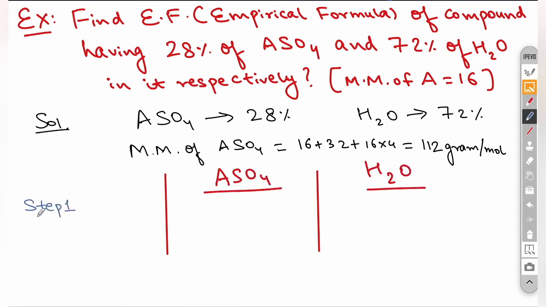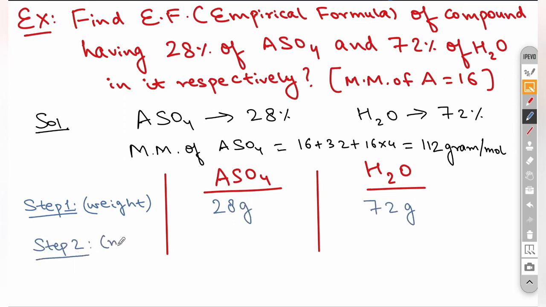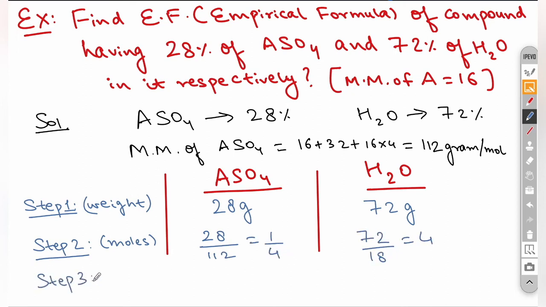Step number 1, assume percentage as the weight, simply 28 gram, here 72 gram. Step 2, calculate moles. So divide by molar mass, 28 divided by 112, so it will be 1 by 4, here it will be 72 by 18, which is 4.